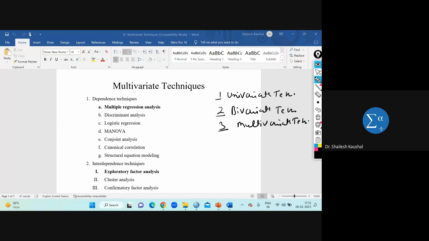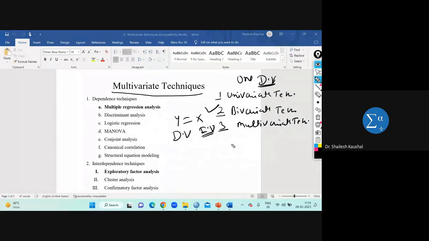Today our focus is on multivariate technique. Univariate means we are analyzing only one variable, one dependent variable. In bivariate, there are two variables, y the dependent variable and x the independent variable. So here we are analyzing two variables.